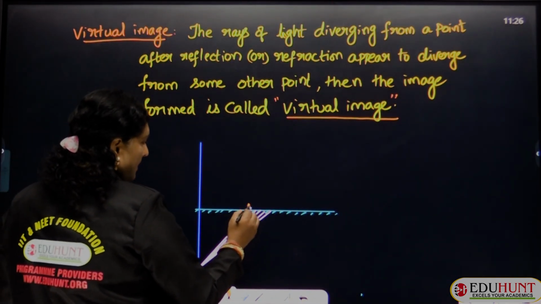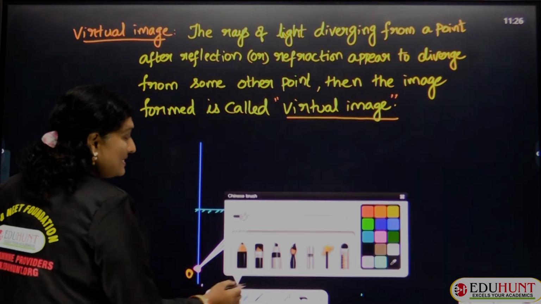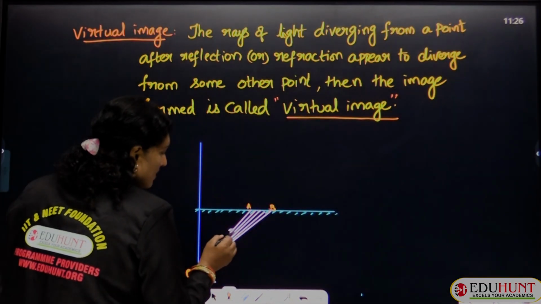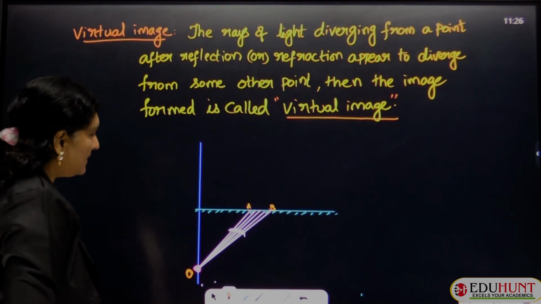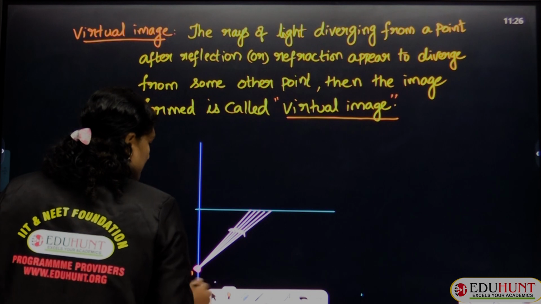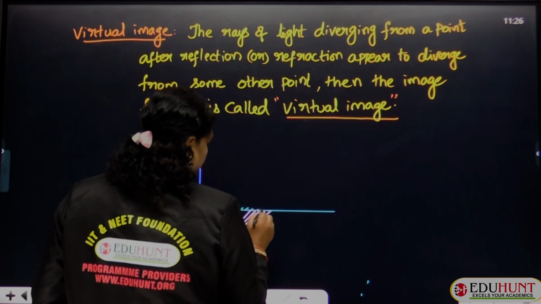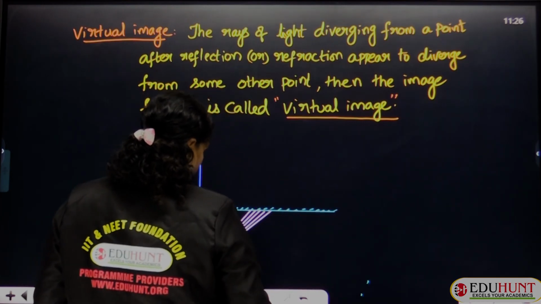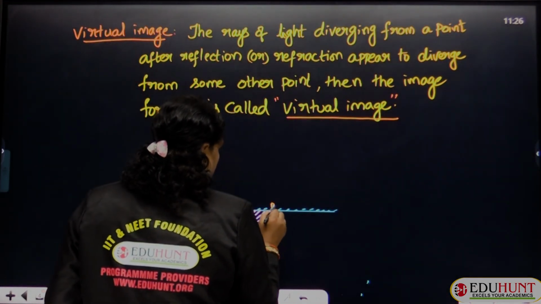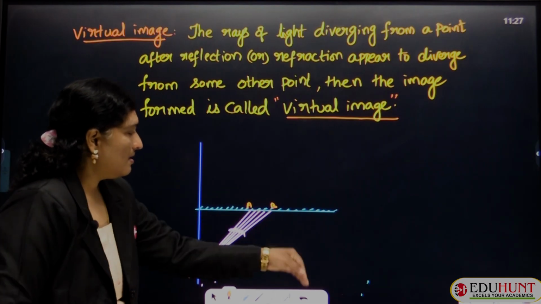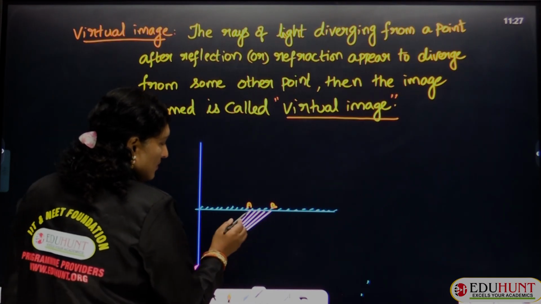The first point be A and the second point be B. So these are all the incident rays. What are these, children? These are all your incident rays. After meeting the mirror, what exactly may happen, children? When they reach the mirror, generally these rays will reflect back into the same medium following this path.